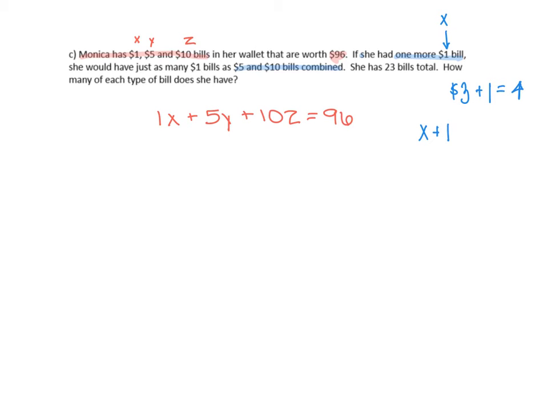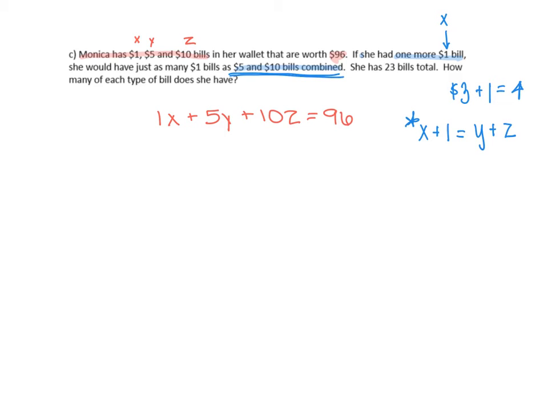So if she had one more $1 bill, X plus 1, she would have just as many ones as 5s and 10s combined. So we're going to say that would equal our 5s plus our 10s together. 5s are Y, 10s are Z. So that second sentence is now written here.